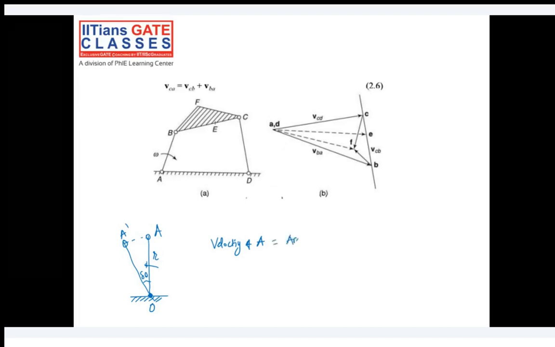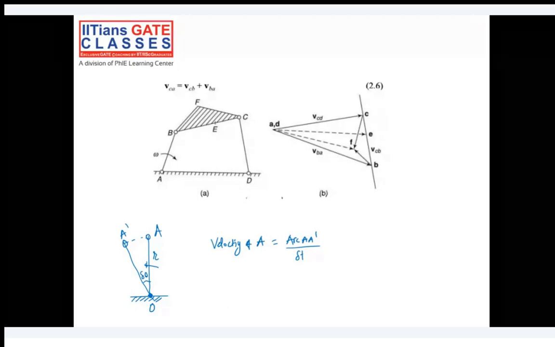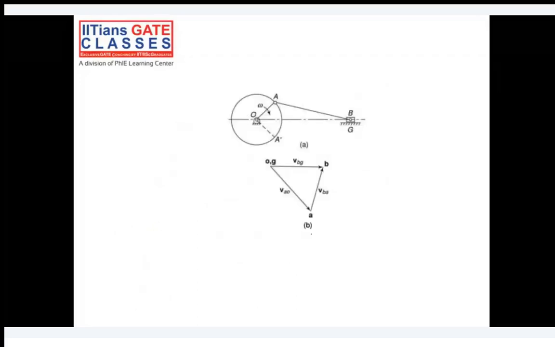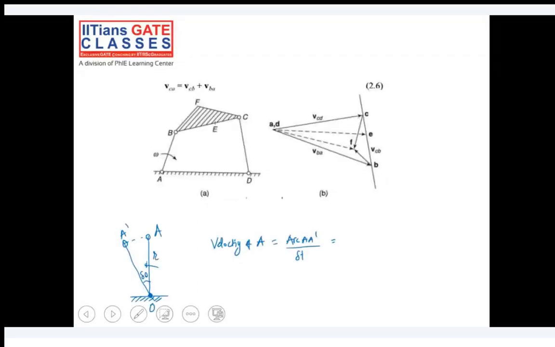Then what is d theta by dt? It is nothing but the change in angular displacement in small time dt, which is angular velocity. So that is r omega. Basically, what we have calculated is r omega will be the velocity of this particular point A.